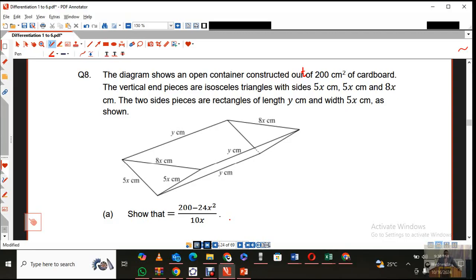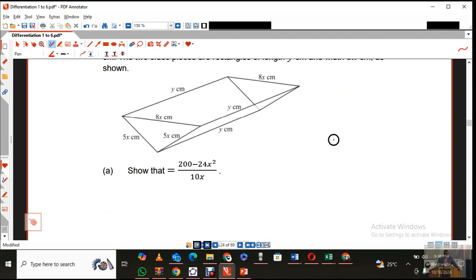The vertical end pieces are isosceles triangles with 5x and 8x centimeters respectively. Then the two sides are rectangles, length y and width 5x, as you can see. We're supposed to show that.